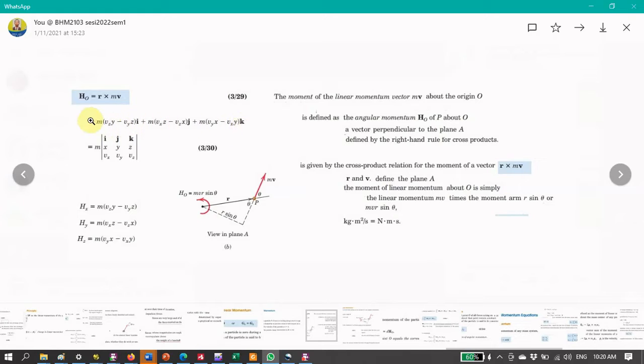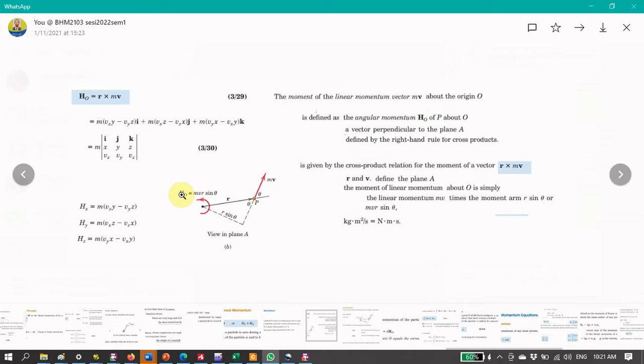The next one is using the matrix, with the determinant symbol there, and the constant for that matrix will be the mass of the system. So the angular momentum can be written in three forms there, right?